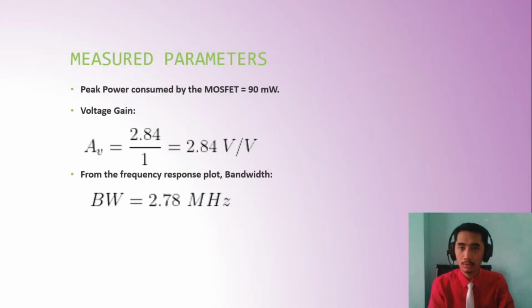Now we move along to our measured parameters. The peak power consumed by the MOSFET is equal to 90 milliwatts, where our voltage gain is AV equal to 2.84 over 1, and we have 2.84 V over V. After this, I will show you the frequency response plot, but in the meantime, our bandwidth is equal to 2.78 mHz.